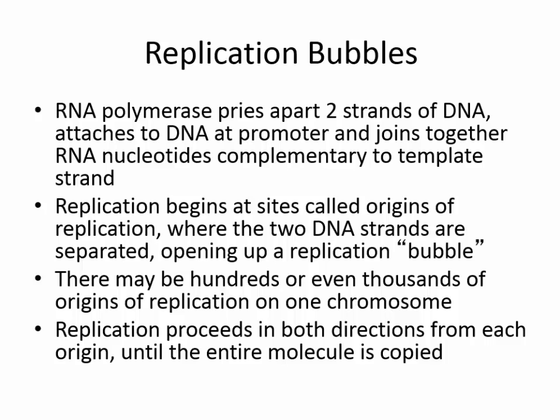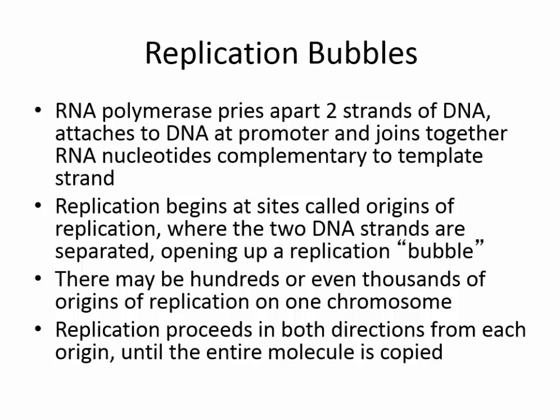Replication bubbles, what are they? Well, when a gene has to be expressed or DNA has to duplicate, the enzyme RNA polymerase pries apart two strands of DNA, attaches to DNA at the promoter site, and joins together RNA nucleotides complementary to the template strand.